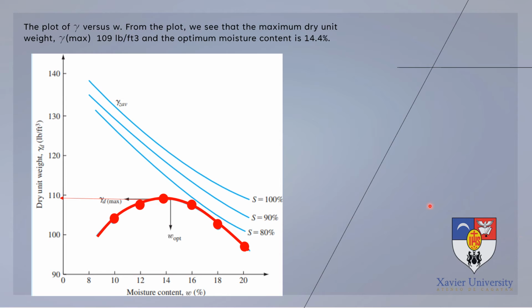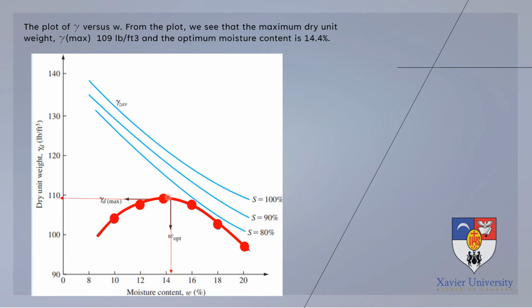From that, we can identify the peak value of our dry unit weight, which is this one. The corresponding moisture content for that peak value of our dry unit weight is what we refer to as our optimum moisture content.